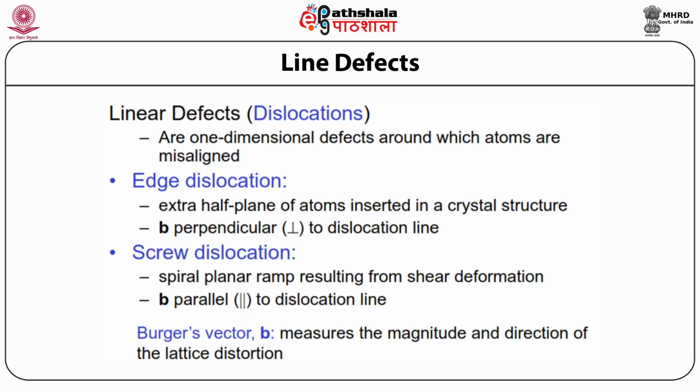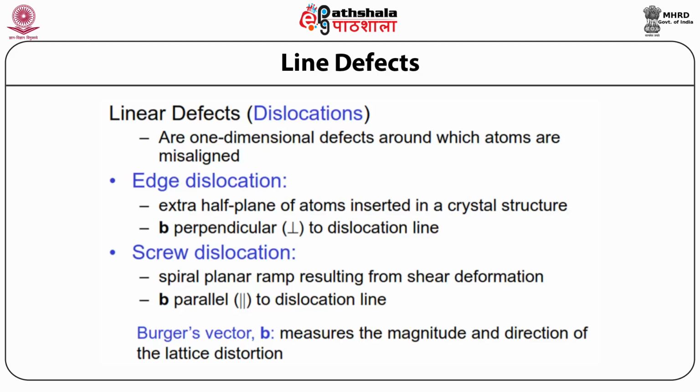Why line defects? Because if in a crystal you go along a line and find some defect, so that the defect exists along a particular line for a sufficient distance, then it is basically a line defect. In technical language these are called dislocations, and these dislocations are one dimensional defects around which atoms are misaligned.